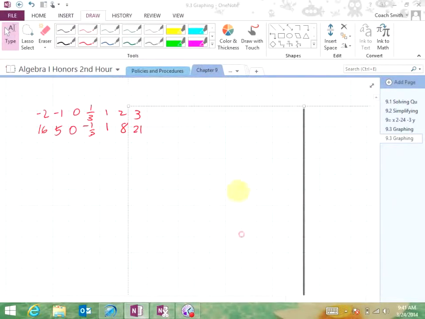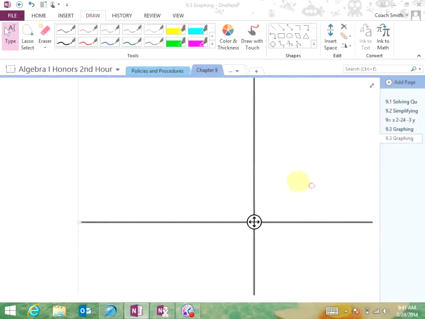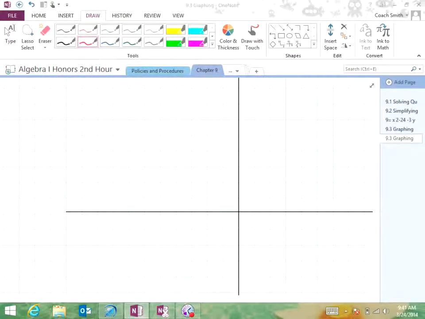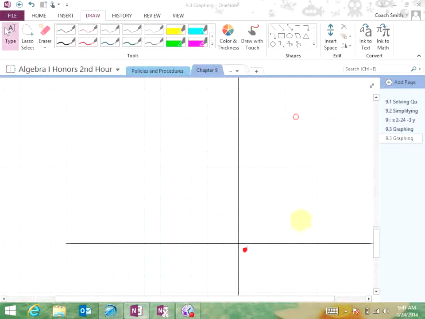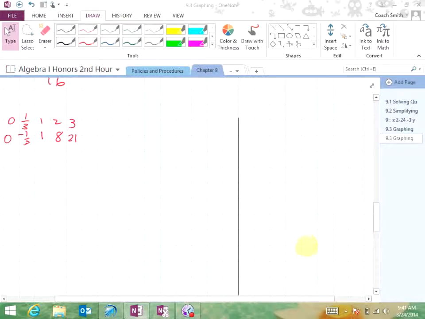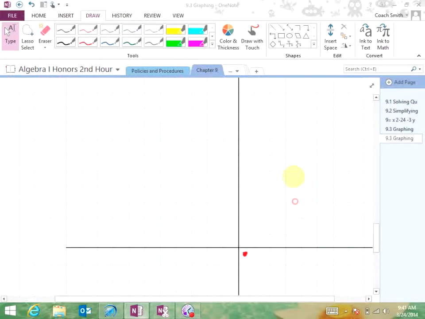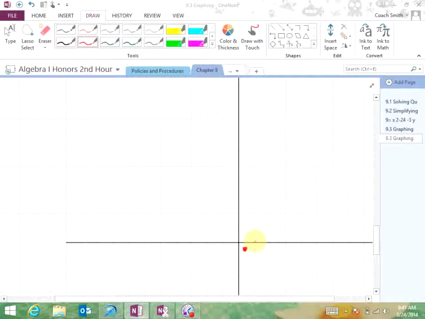All right. X is 1/3 and negative 1/3. So 1/3 is here, negative 1/3. It's going to be right about there. Okay. Then our next point to the right is 1 and 1. Like that right there.